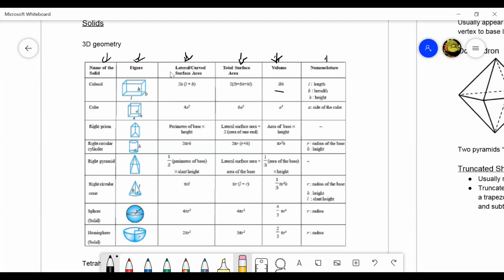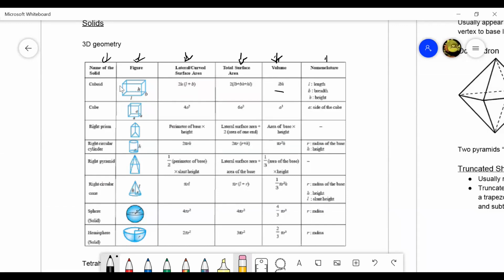This would be the same for a cube as well, because a cube is just a cuboid, except every face is a square. Next, I'm not going to talk about the lateral surface areas for these two, because that's really just adding the rectangles on the faces, which is not very complicated.